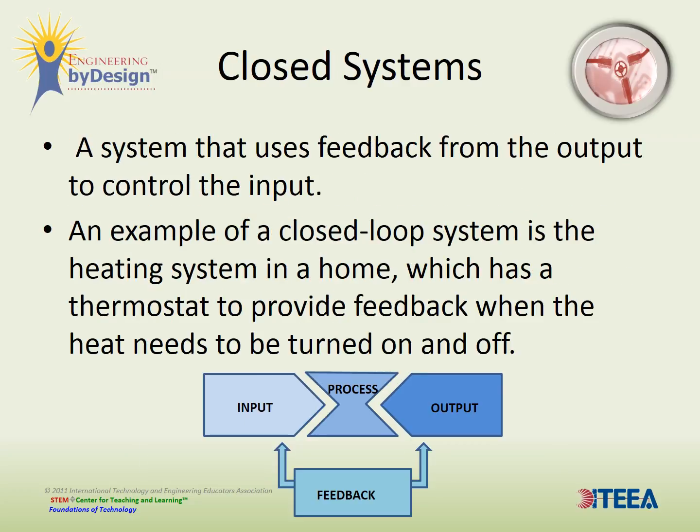That's an open system. A closed system, you'll see now we have input, process, output, but we've got feedback down here. A system that uses feedback from the output to control the input. An example of a closed loop system is the heating system in your home.